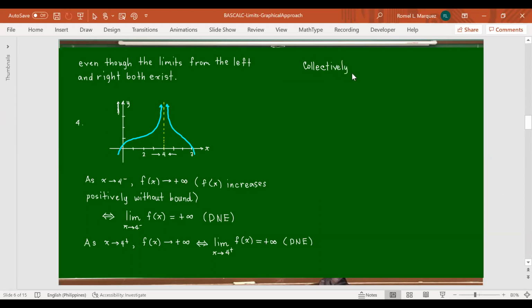Collectively, we write the limit of f of x as x approaches 4 is equal to positive infinity, or DNE. So again, how do we interpret this? Still DNE, okay? But specifically positive infinity.